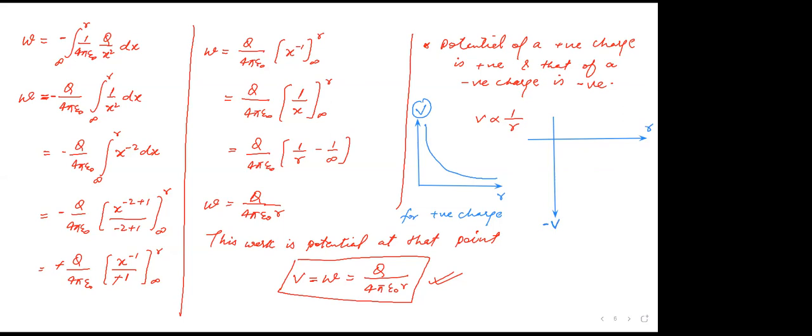Yes, sir. This is your R. And now again, your graph will be hyperbolic, but in this quadrant. This is for negative potential. You can write potential or charge, both are correct here, okay? Is it clear? Yes, sir.